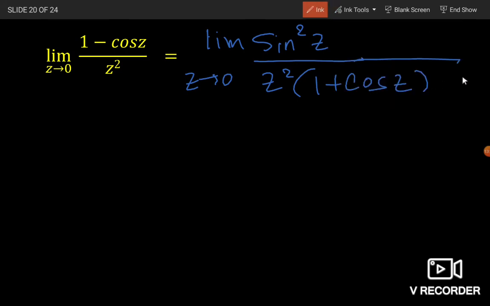Now, we can write this as a product of two functions. One is sine squared z over z squared. The other is 1 over 1 plus cosine z.